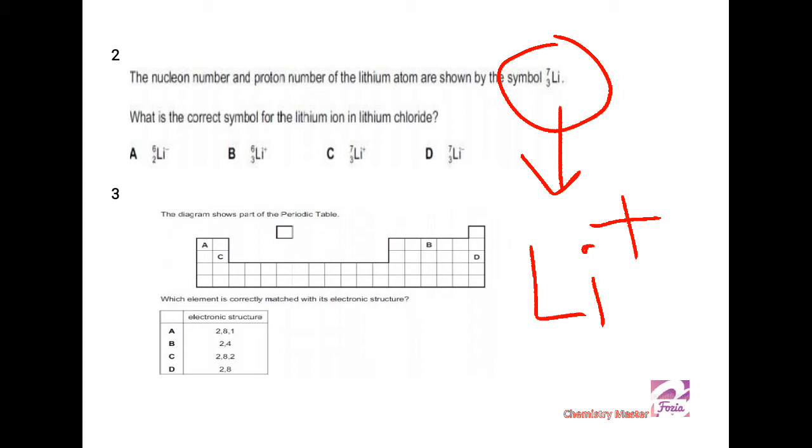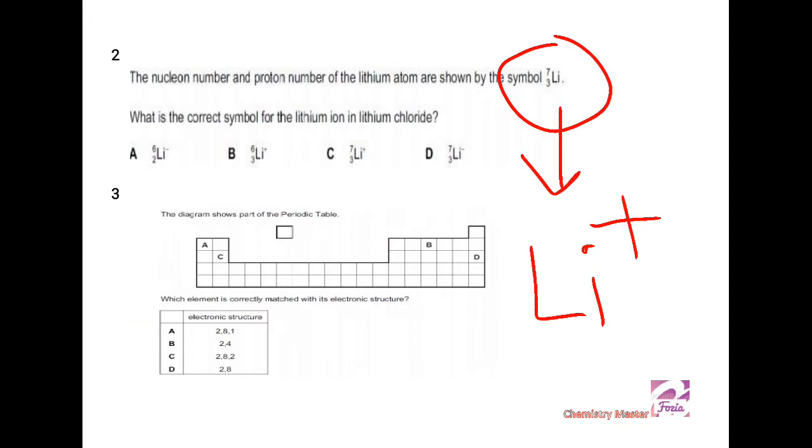So you see option A, it's 2, 8, 1, which means there must be 3 shells of electrons, but A belongs to the second period, so there must be 2 shells of electrons.